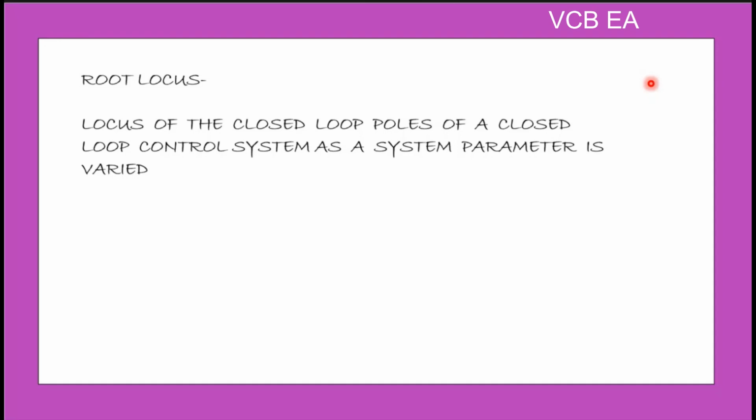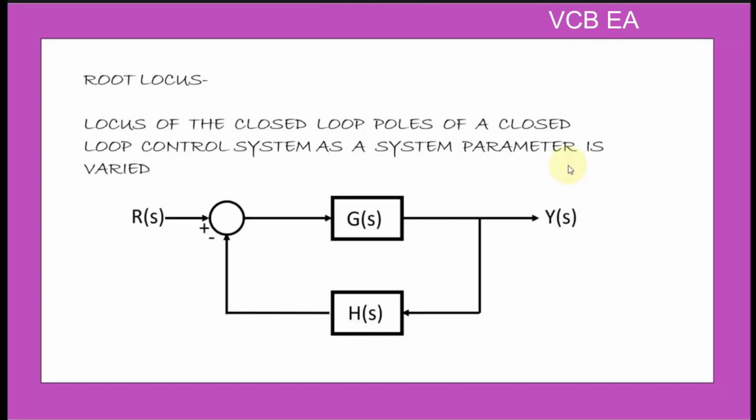The main thing that one needs to understand is what is the system parameter that we are worried about when we are discussing the stability of a control system. I will elaborate this definition with the help of a closed loop control system having negative feedback, and I will explain how this system parameter is affecting the stability of a closed loop system.